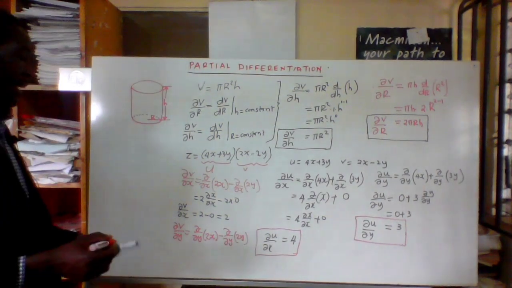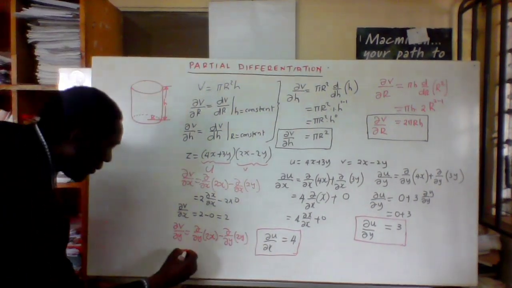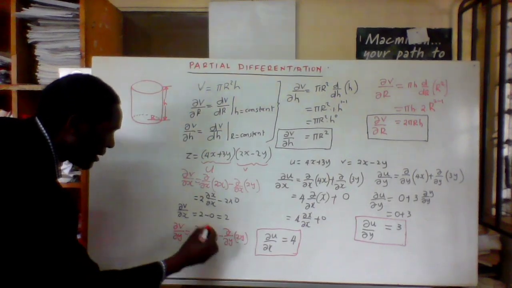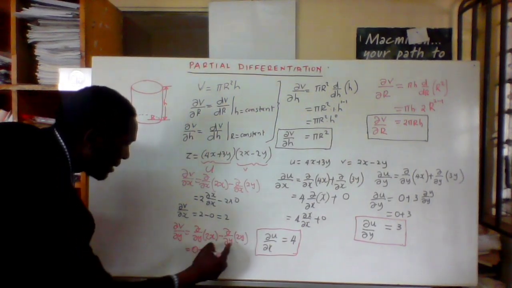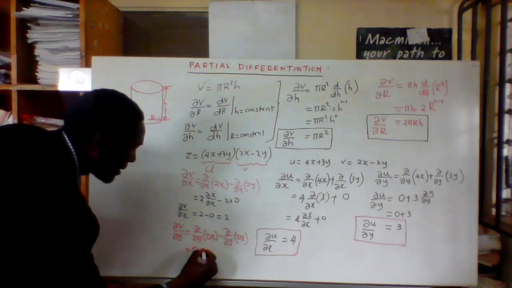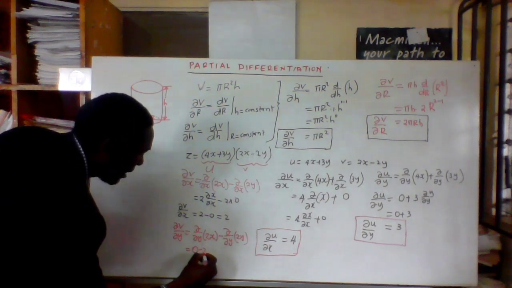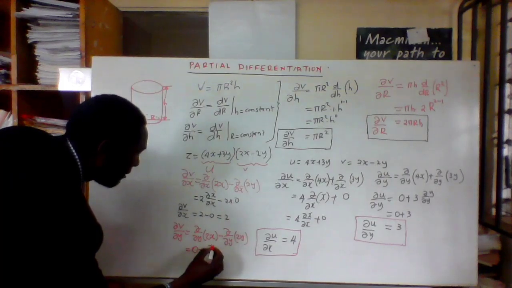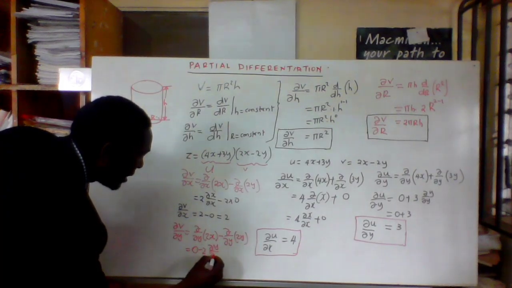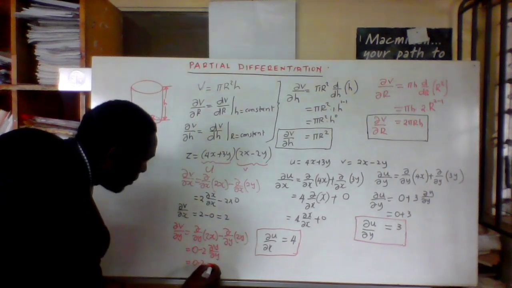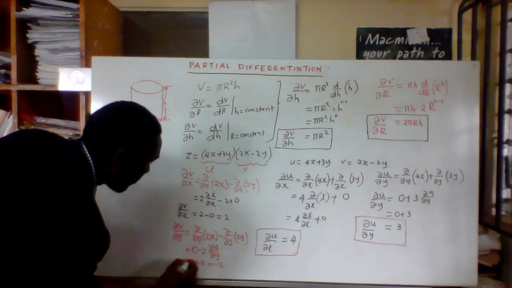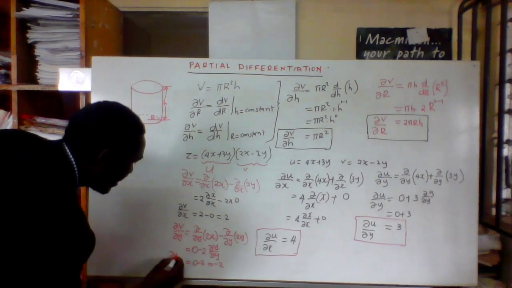We are treating x as a constant. So the first term here, because it does not have y, becomes 0, then minus. The 2 can come outside the derivative, and we have the partial derivative of y with respect to y. This gives us 0 minus 2, which is equal to minus 2. That is the partial derivative of v with respect to y.